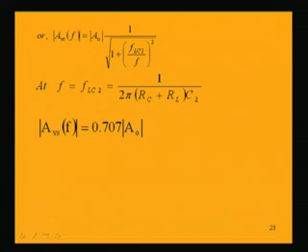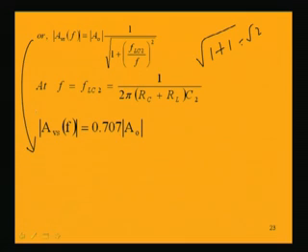Now, when the frequency F becomes equal to FLC2, then in the denominator we will be having only 1 plus 1 root. So, that is equal to root 2. So, we have the magnitude of the voltage gain as 1 by root 2 times A naught. 1 by root 2 is nothing but 0.707. So, that is what we are getting if we make F equal to FLC2.